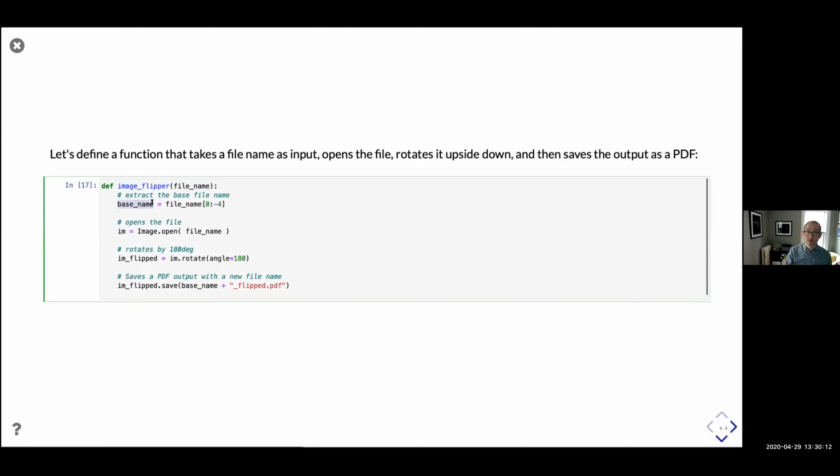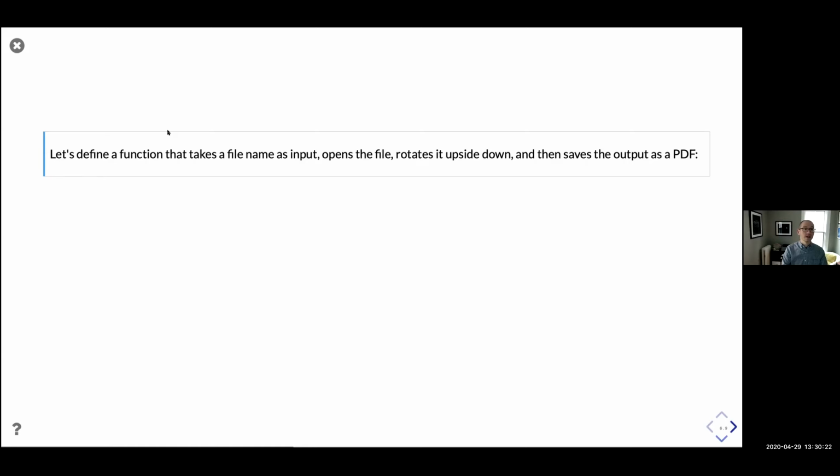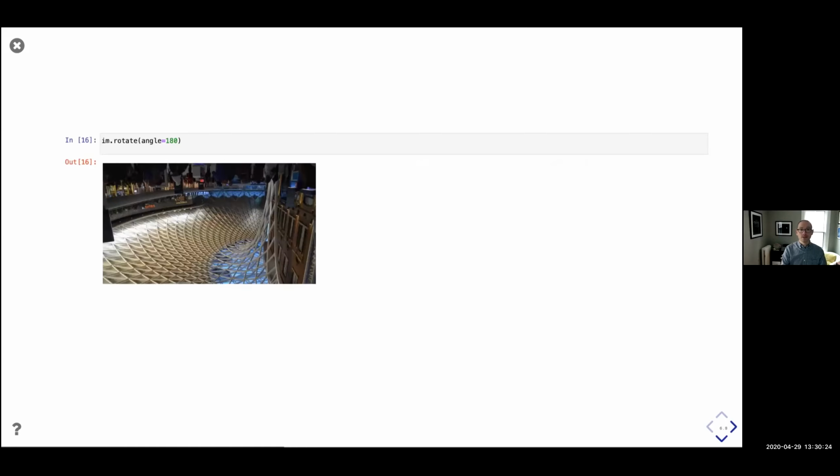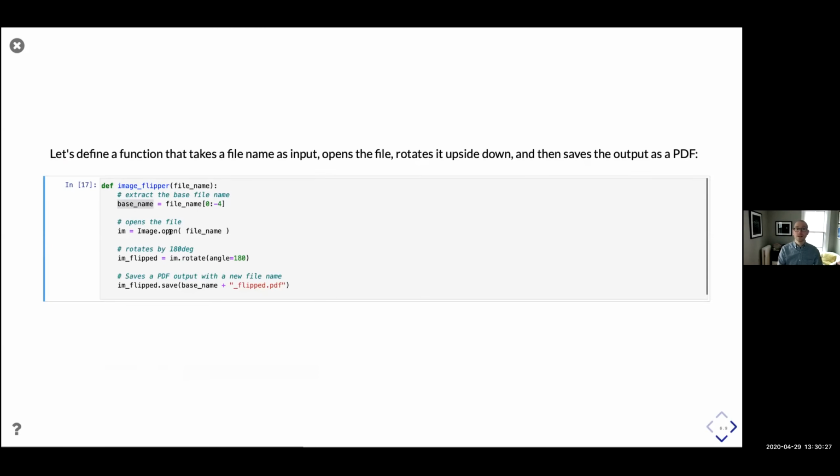So I have the base name, which is just the file name, stripping off the dot extension. I think each of these are JPEGs, so we're going to strip off the JPEG extension, open the file, flip it by 180 degrees, and save it as a PDF. This is a really simple script. It does almost nothing that's fancy.